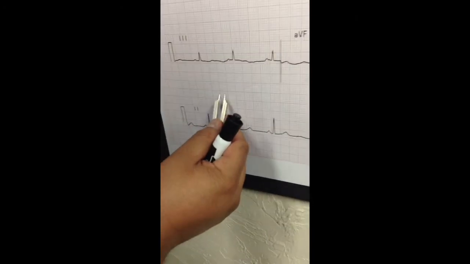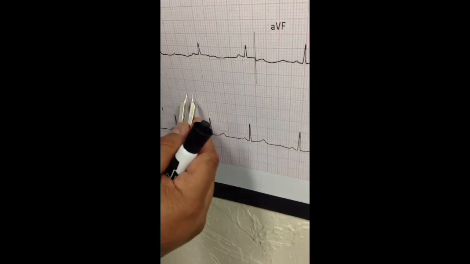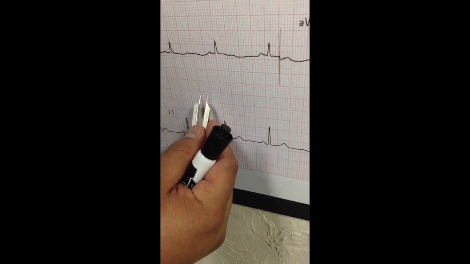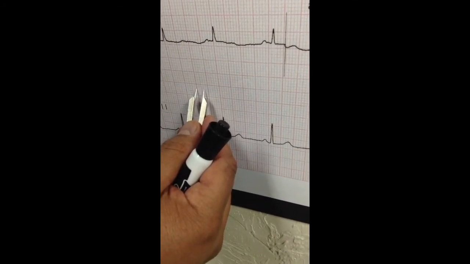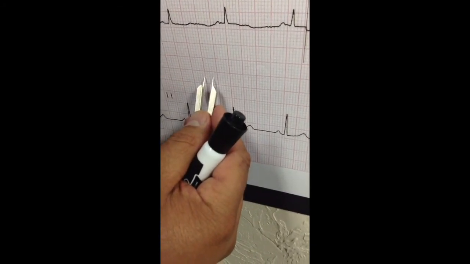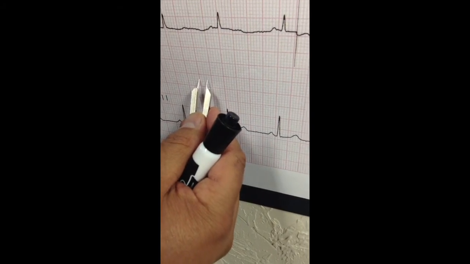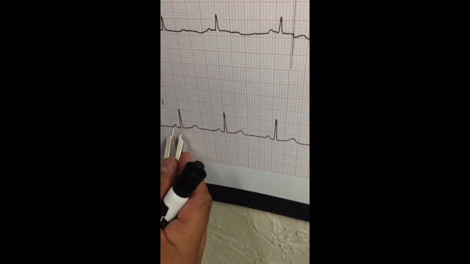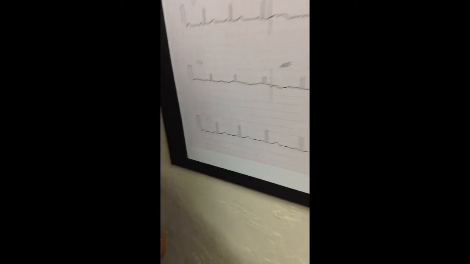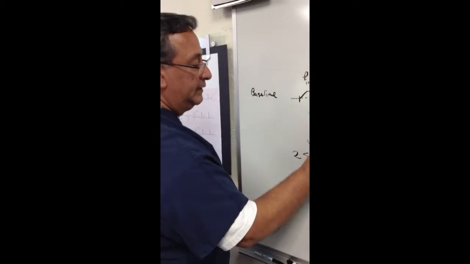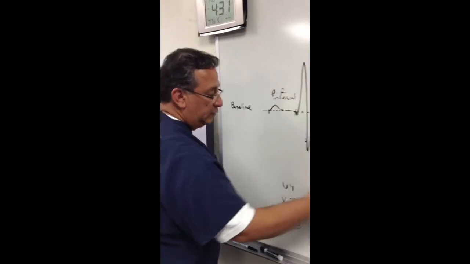We're going to then move away from there, and we're going to find a clear, unmarked area of the EKG grid, and we're going to just measure. And you can see that there are 3 boxes between those 2 points, 3 boxes. Let's go over here and do our math. So we say that the PR interval is 3 squares wide.